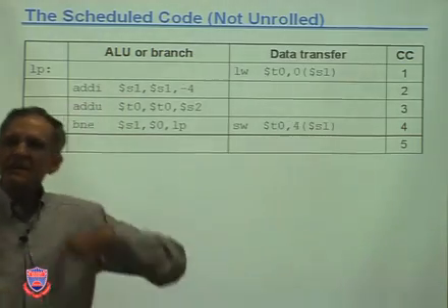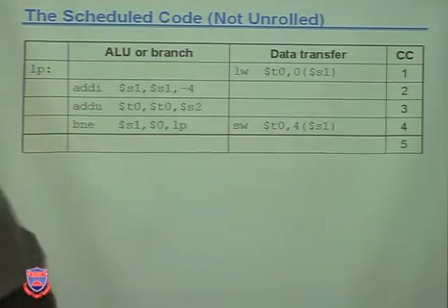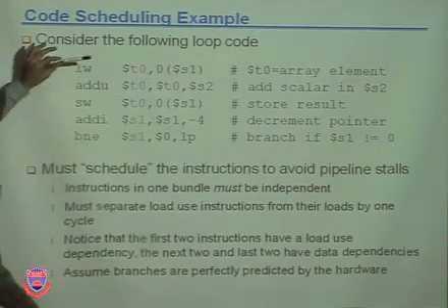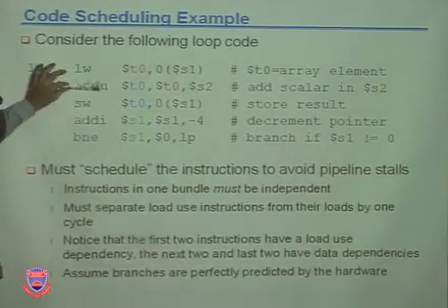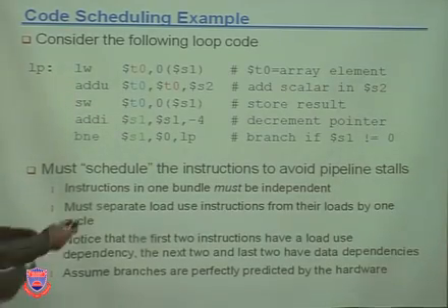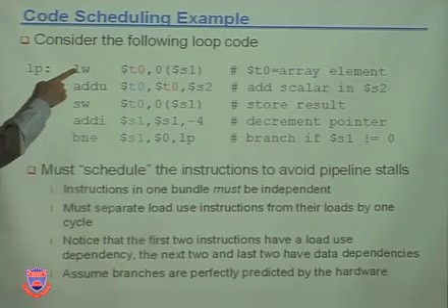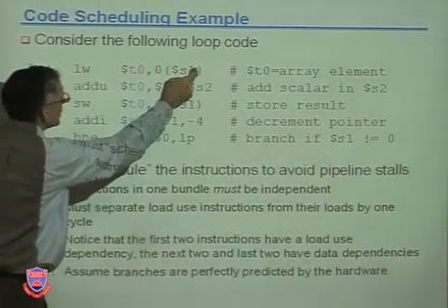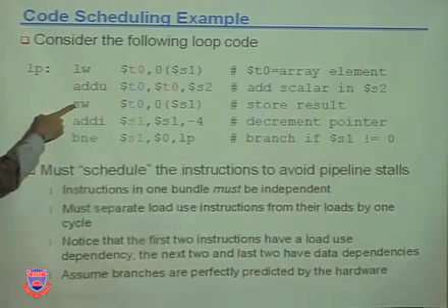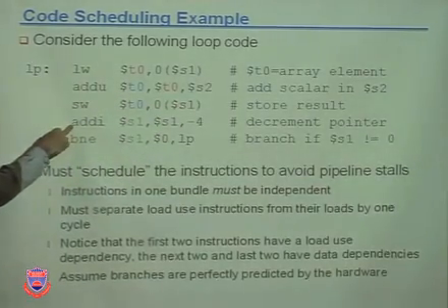Don't forget, this thing is in a loop. That means that what I really want to do, if you would allow me to, is do this, this, this, this, then do this, this, this, this, many, many times. So actually, I'm going to have many executions of this, but with different values of S1. And I'm going to have many executions of this, and many executions of this, but with the new values of S1, and many executions of this.